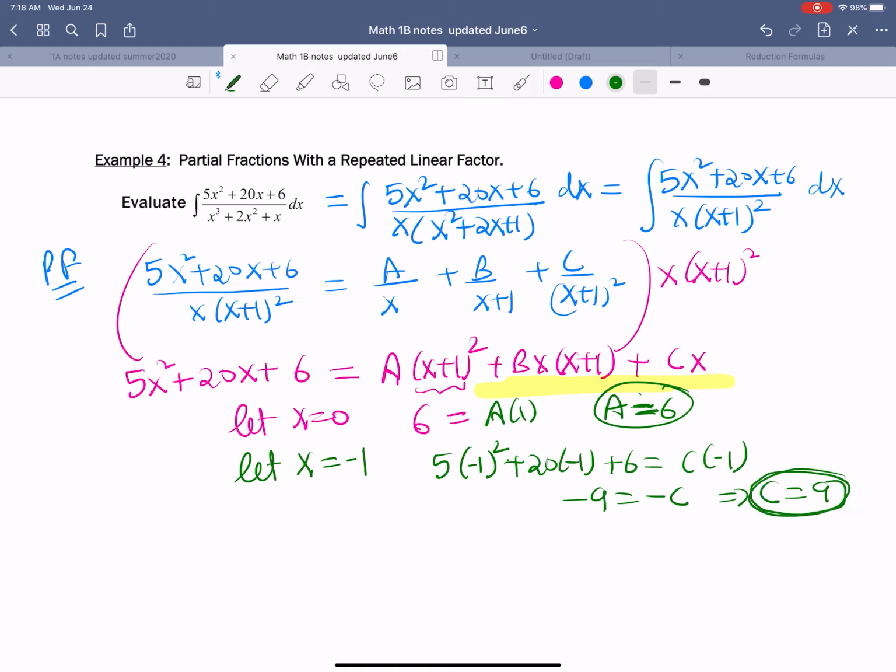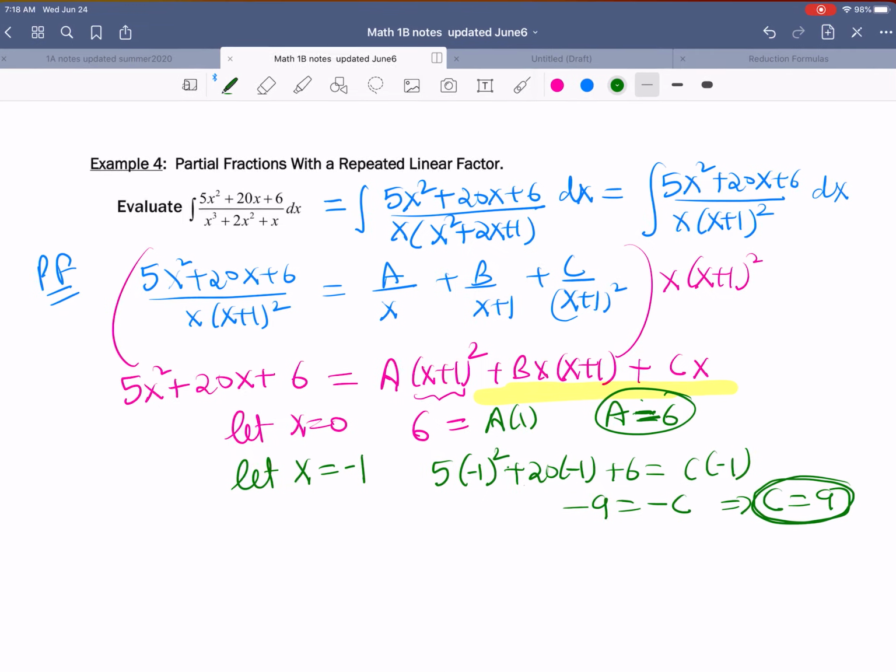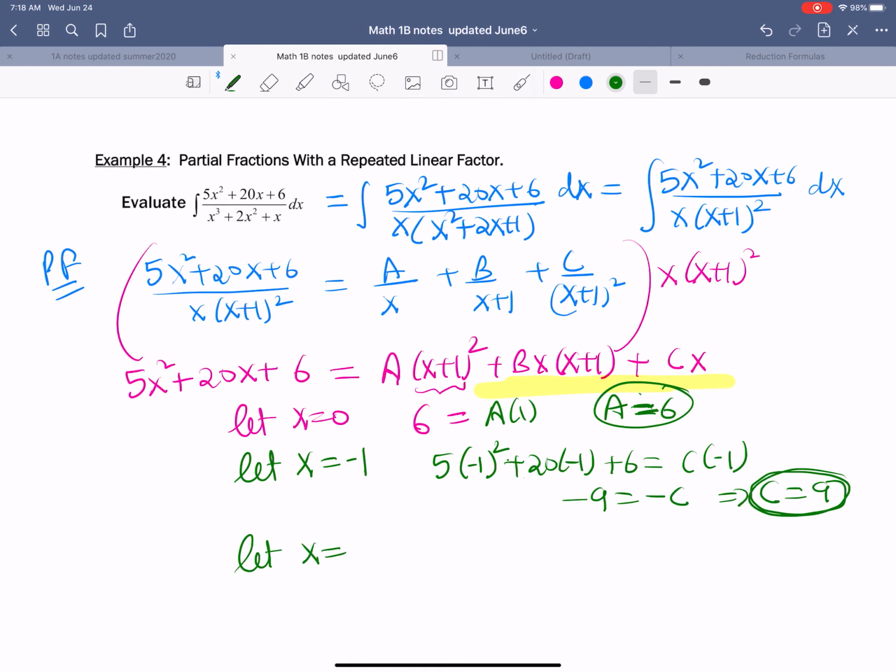So I found the a and the c, but there's no other clever number I can plug in to make the a and c terms 0 and keep the b. So I'm just going to plug in any easy number. I'm going to plug x as 1 on both sides. Since I know a and c now, it should be easier to find the b. If I plug x as 1, I have 5 plus 20 plus 6 equals a times (1 plus 1) squared plus b times 2 plus c.